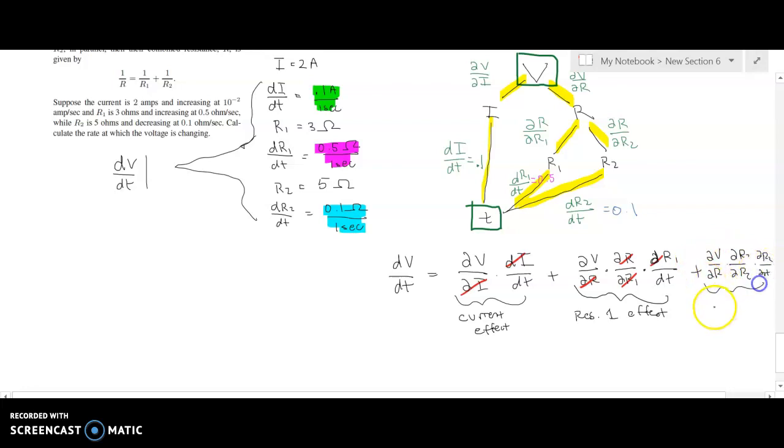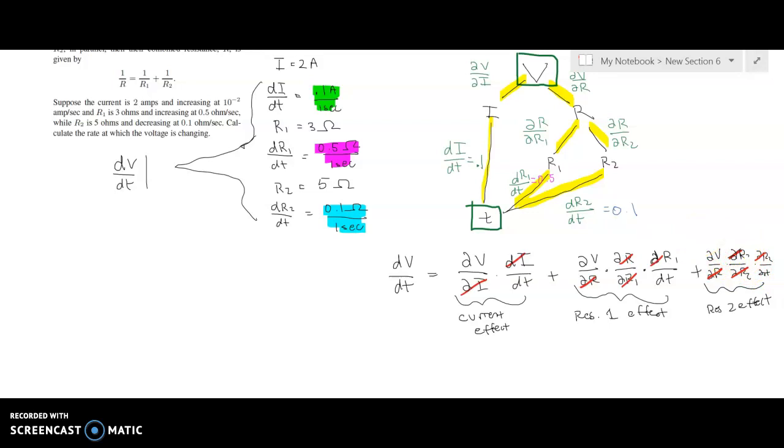And this right here is the resistor 2 effect. So once again, our units cancel, the dR's cancel, the dR2's cancel, and that again gives me dV/dt.